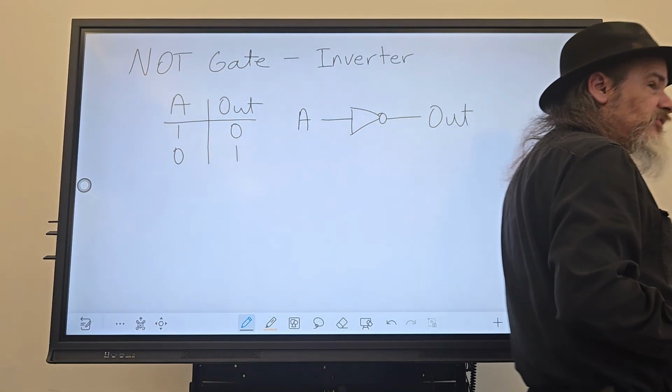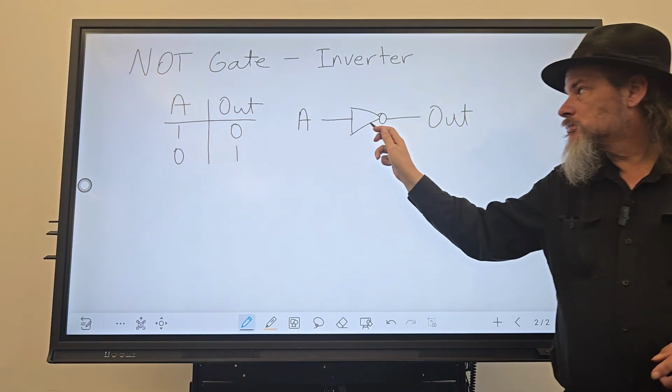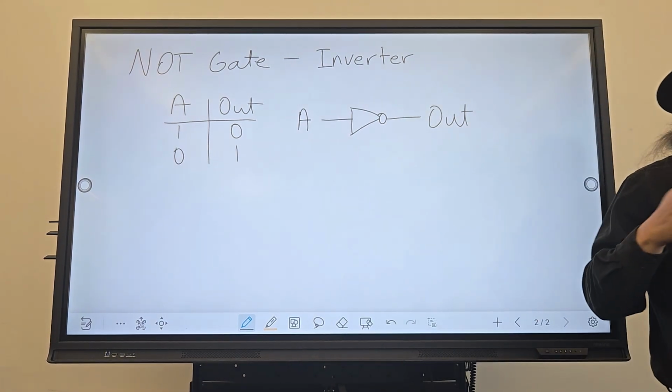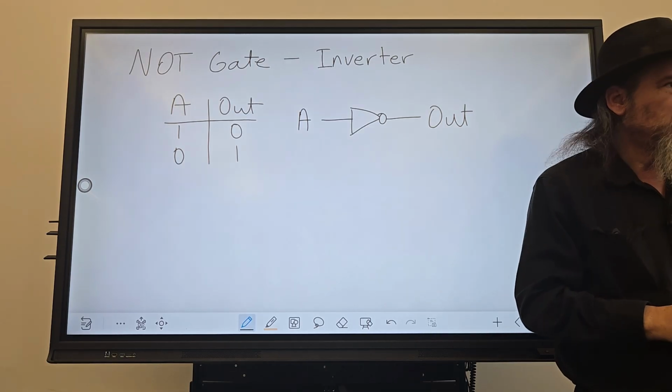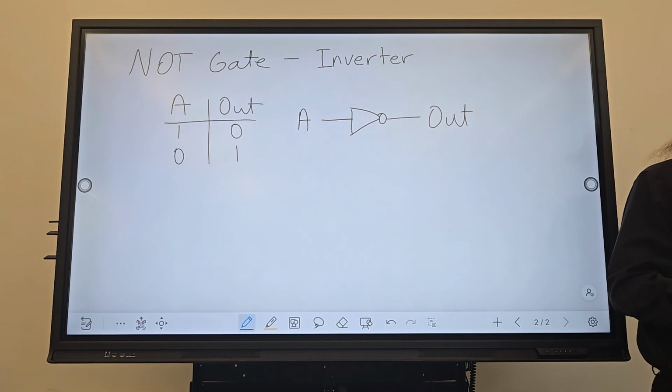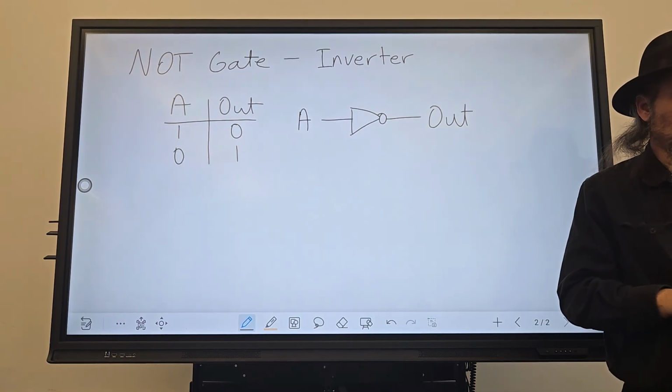What actually happens on the inside of an inverter is largely irrelevant. It depends on what type of technology, semiconductor technology, is being used to manufacture it, and can be largely ignored when you're doing logic circuit design.